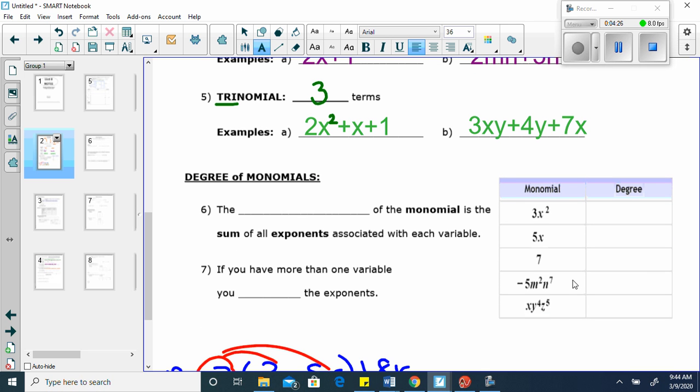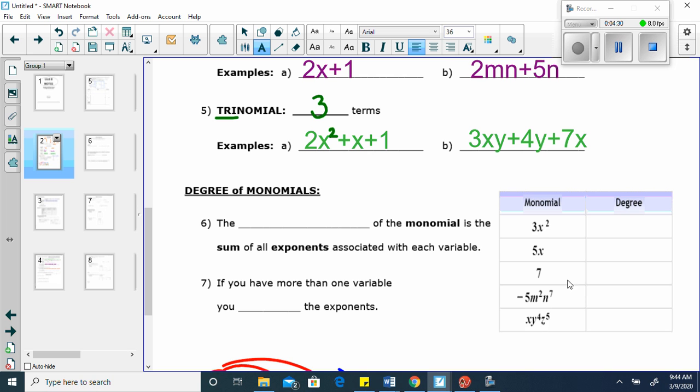Now we're going to be talking about degree of monomials. A monomial is just one term. The degree of the monomial is the sum of all the exponents associated with each variable. This is going to be a little bit different than the next page, so make sure you're paying attention. If you have more than one variable, you add the exponents.